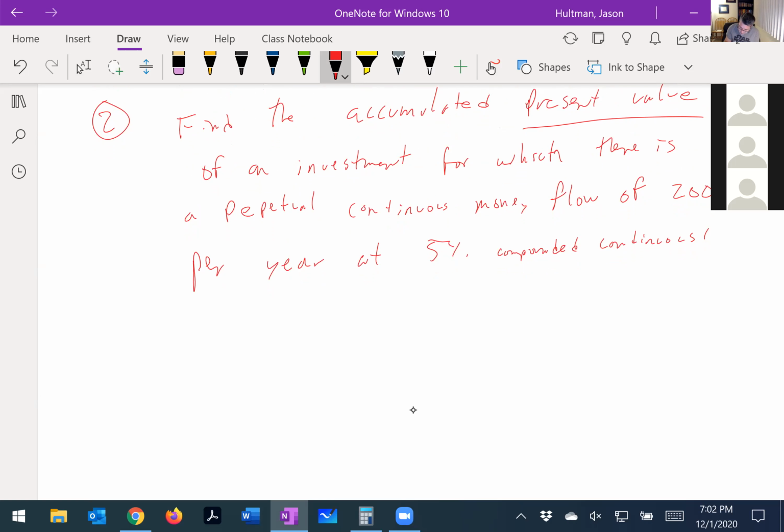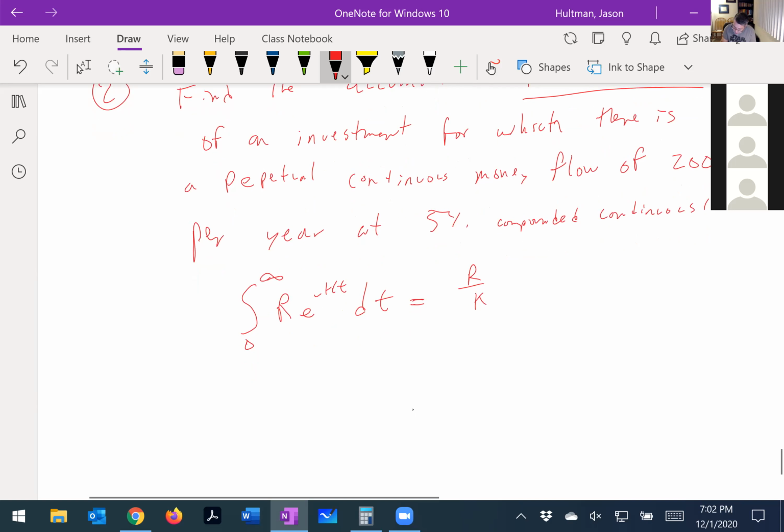So it would be the integral from 0 to infinity of P e to the negative kt dt, which is P, or we could call this R again, R over K. So we take our 2,000 and divide by 0.05, and that tells me I would have $40,000 as my accumulated present value.